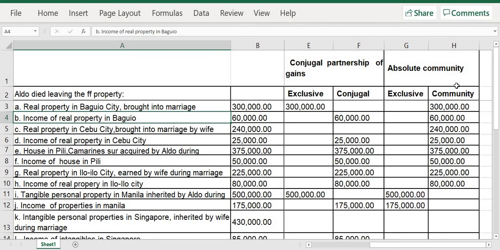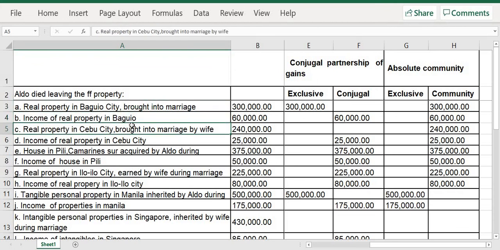Now, under absolute community property naman, again, fruit follows principal. Dahil si Baguio is community property siya under absolute community property, then the fruits are also part of the community property. The fruit of the real property in letter A.